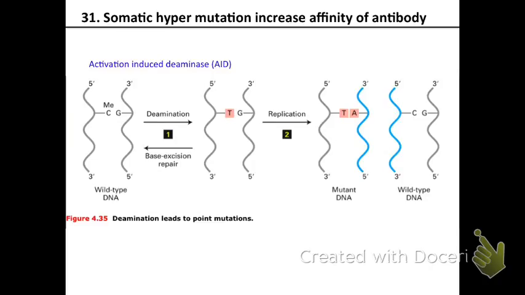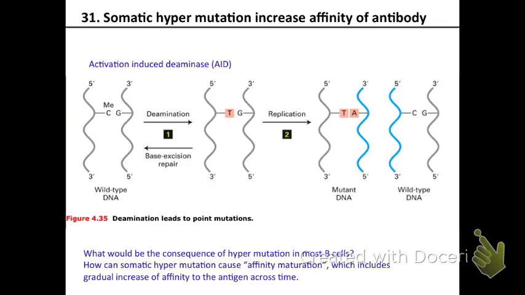And these mutations can happen at all kinds of regions of the genome. But if it happens in the complementary region that binds to the antigen, it's going to make some changes, right?